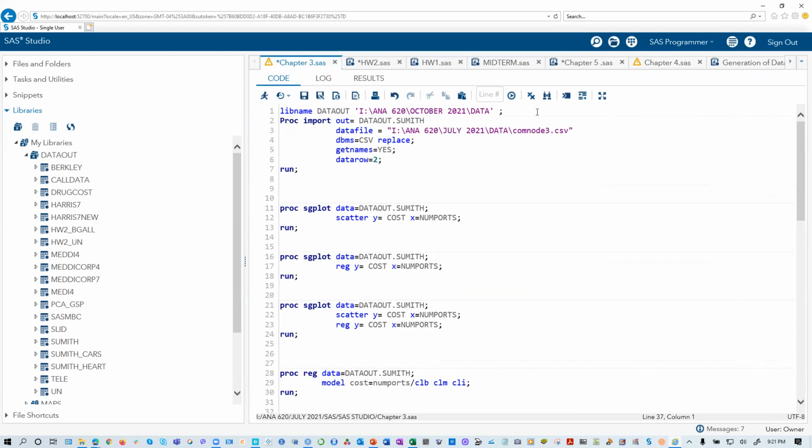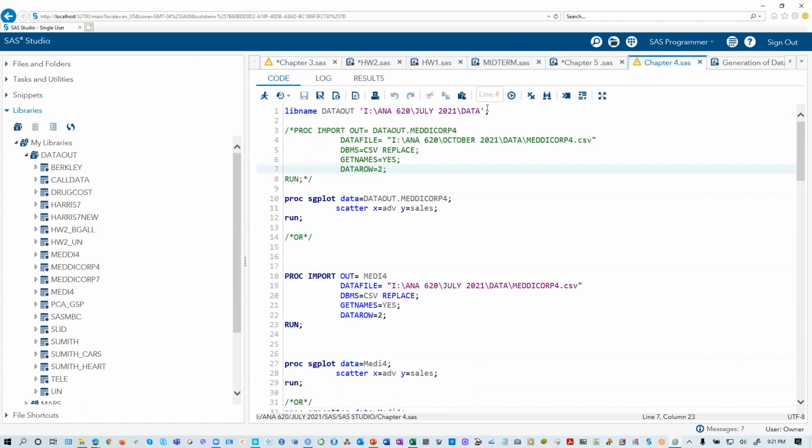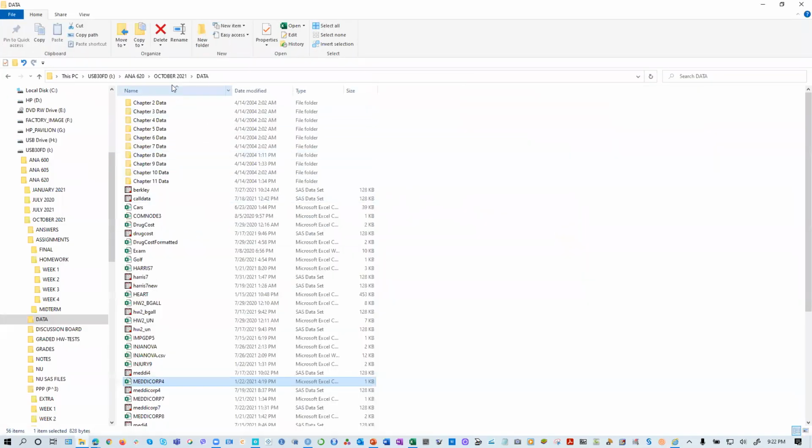I call this data out straight, and then I go and call that one. That's what I'm doing here. See, this is my directory. My directory has Medico 4. It's not CSV. That's the key part. This is what I'm trying to say. I'll show you. Look at this one.